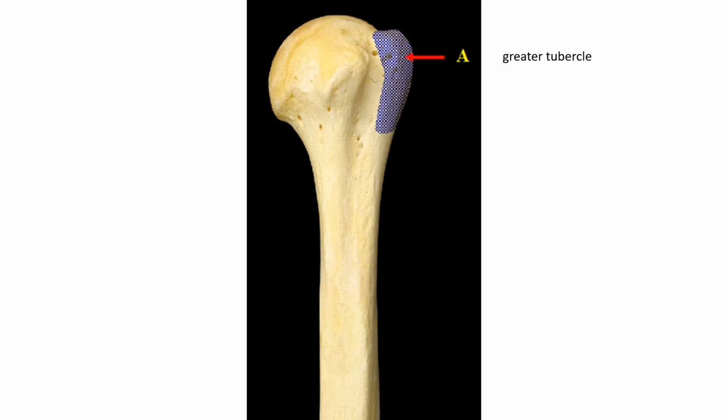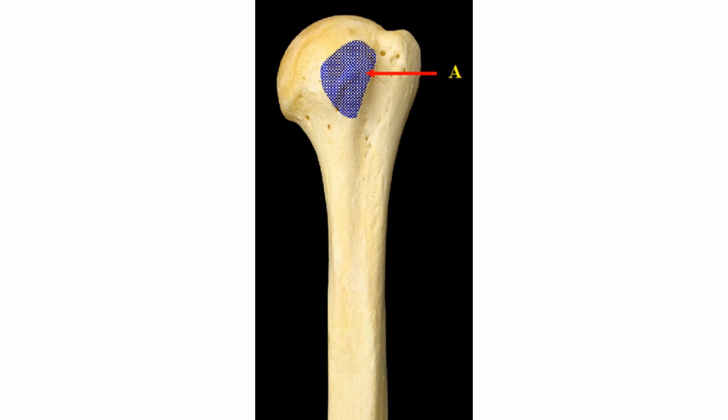Why the greater? Because there is another one smaller in size. Here is another component of the upper end of the humerus, and it is after the head of the humerus, the neck, the greater tubercle, and this is the fourth.